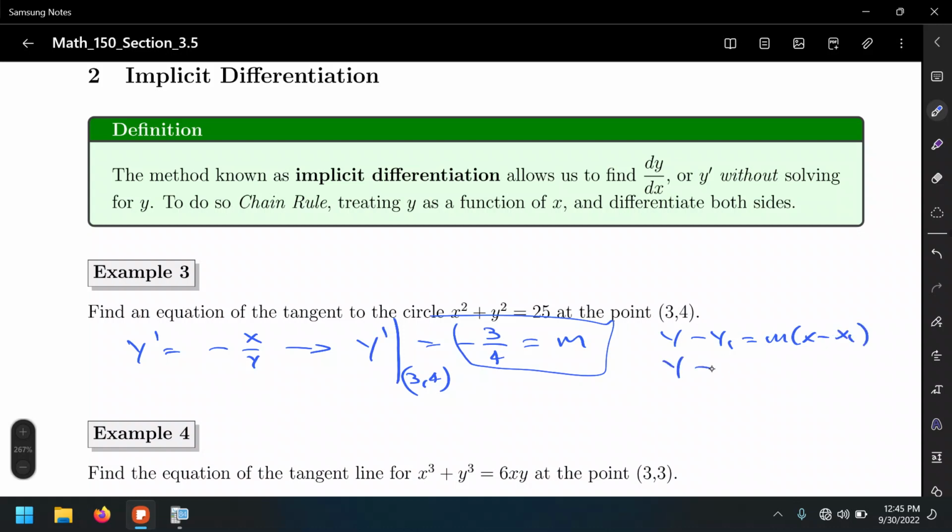So y minus 4 equals negative 3/4 times x minus 3. And we can leave the equation like this, right? I mean, you can distribute the negative 3/4 and then add 4 to both sides, and that's going to give us the equation.